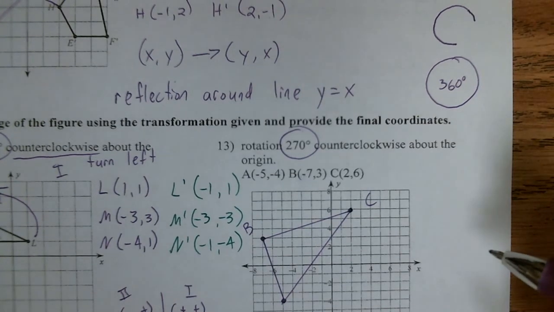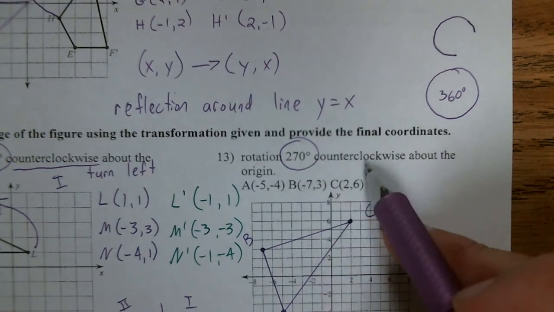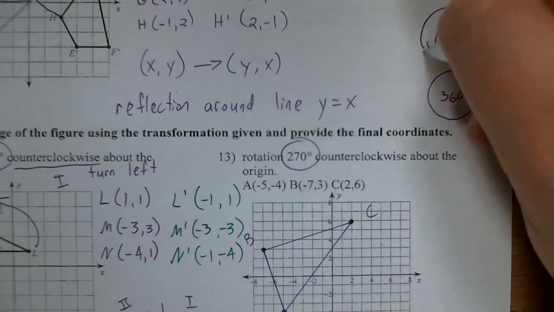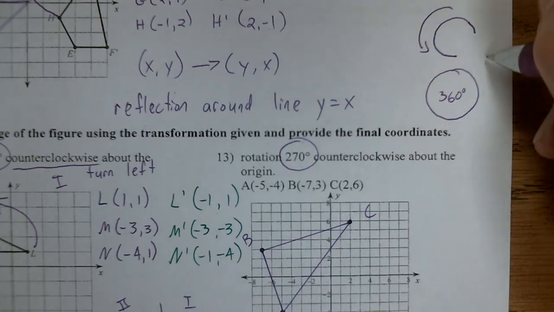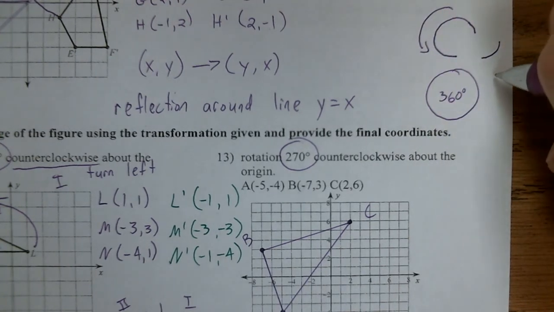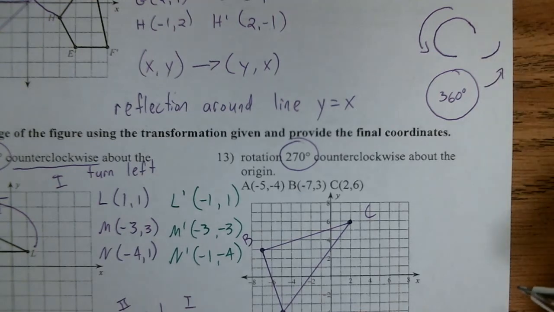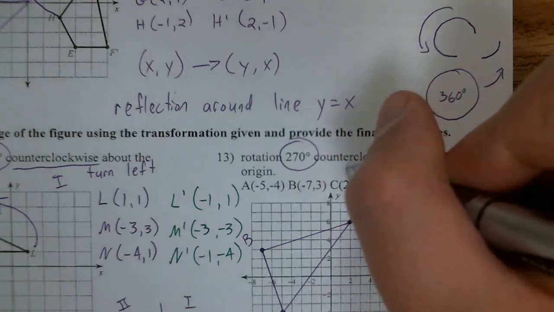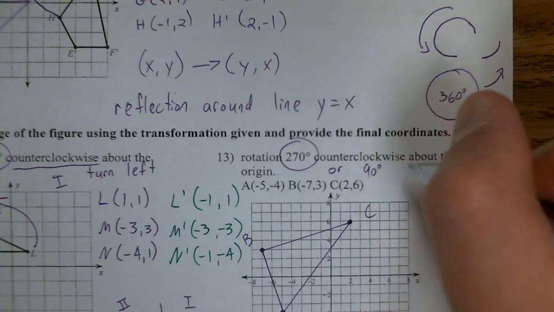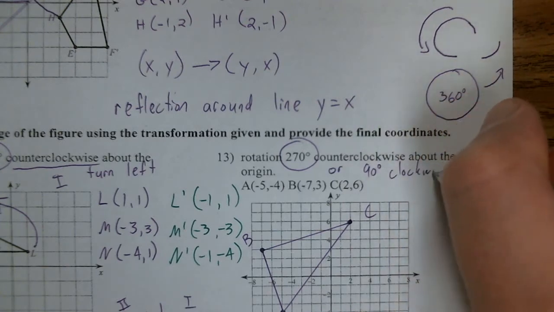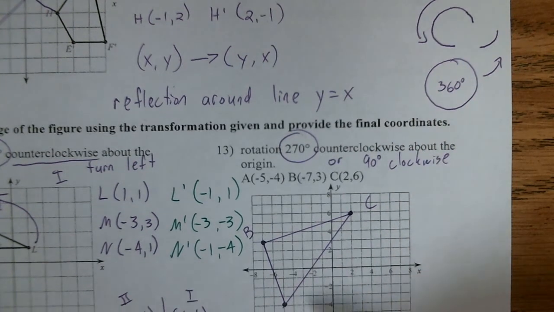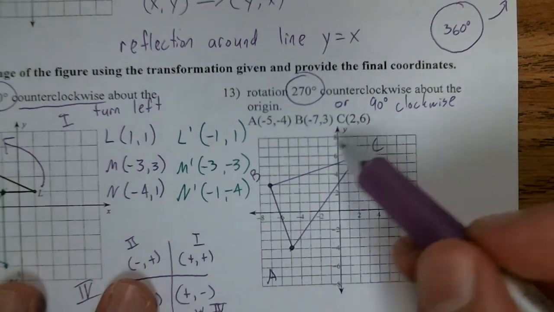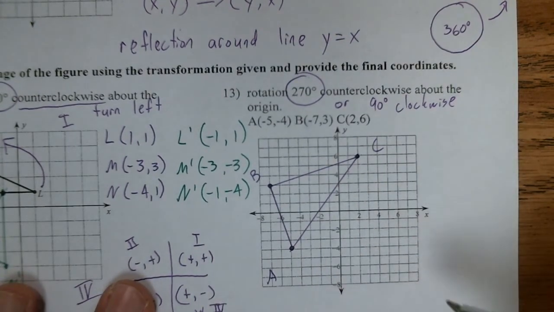So one way to think about it is 270 degrees counterclockwise is the same thing as 90 degrees clockwise. It's so much easier to turn one quadrant than having to turn it 3 times.